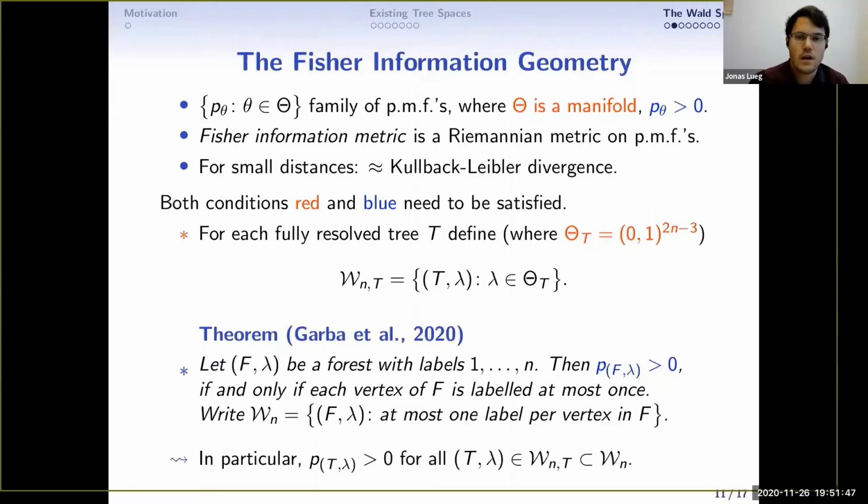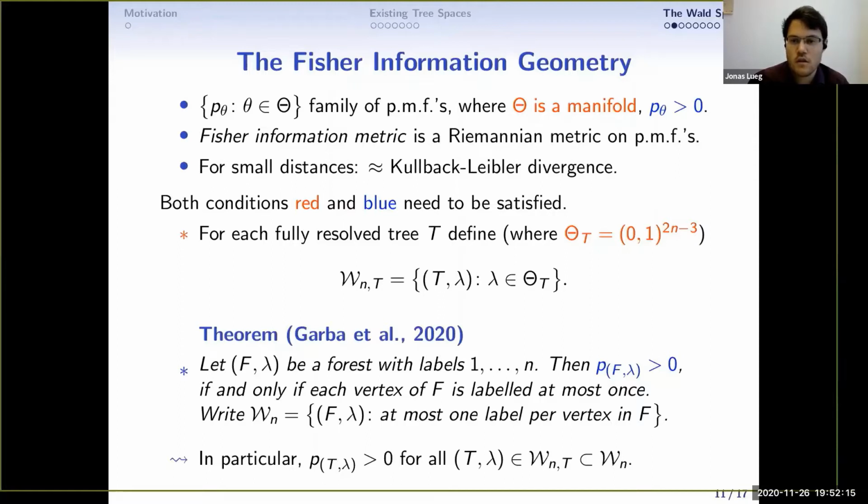And we do it in the following way: for now, we just fix one fully resolved tree and consider its set of forests. So now we only have fully resolved trees, but we can vary the edge weights. Then the parameter space is this theta t. We know that fully resolved trees have exactly 2n minus 3 edges.